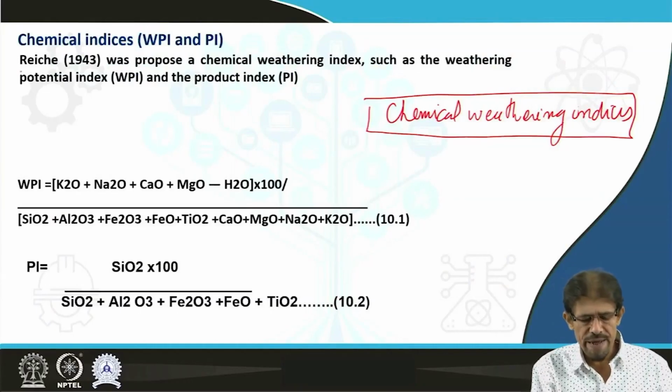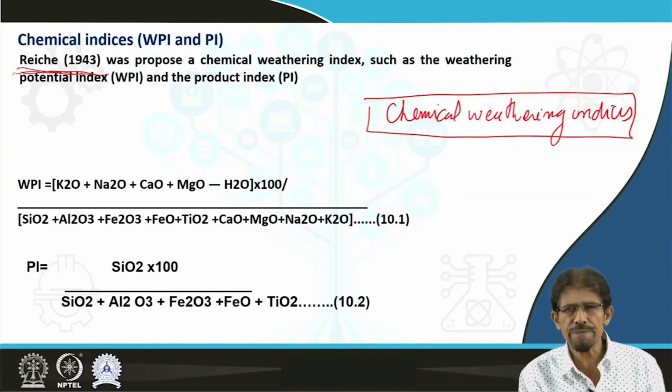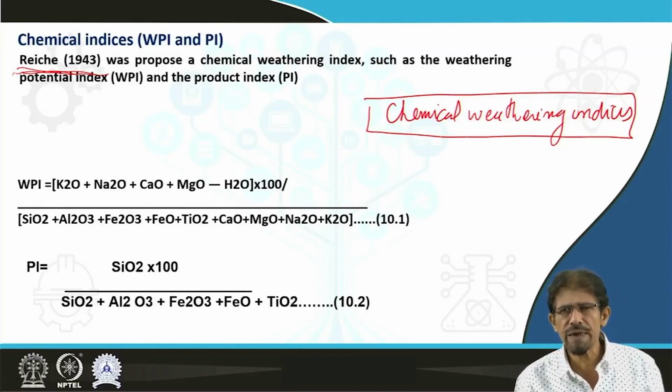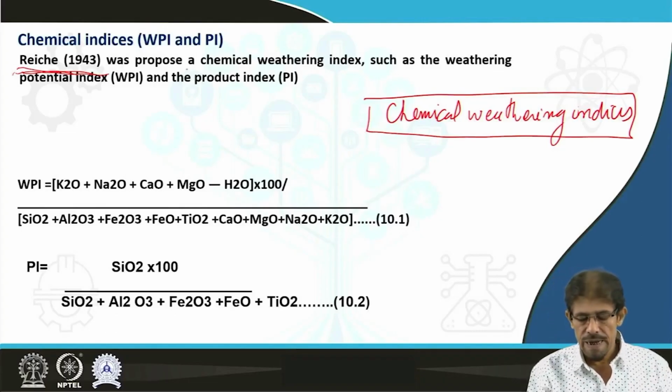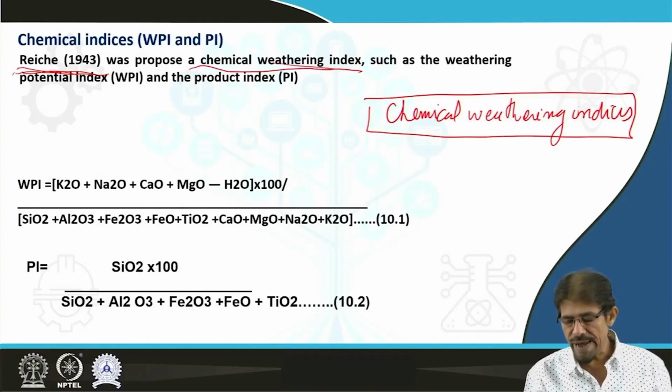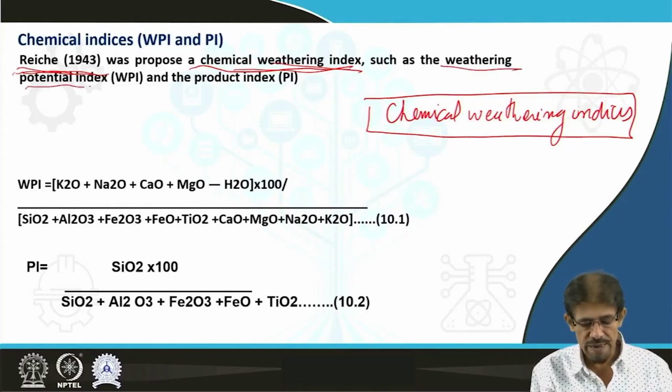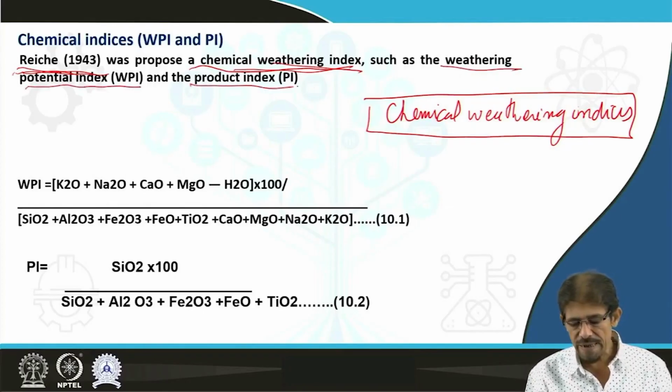Very early, Reiche in 1943 proposed chemical weathering indices such as the weathering potential index and the product index.